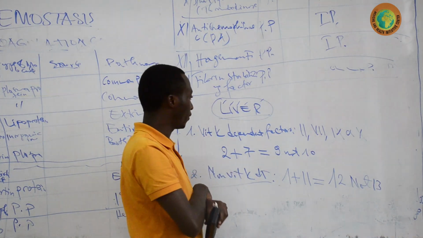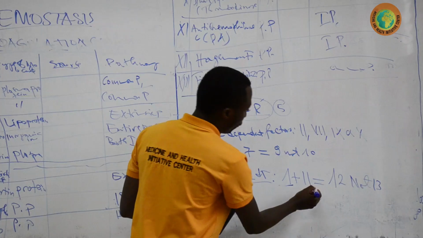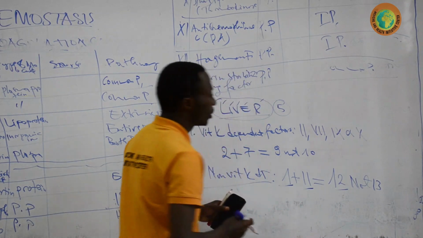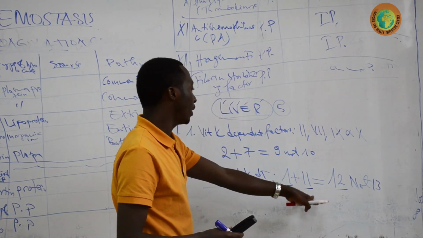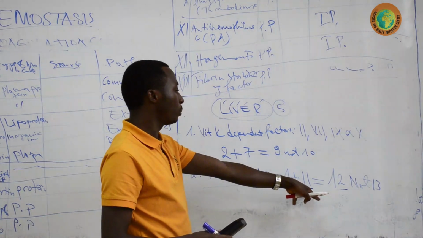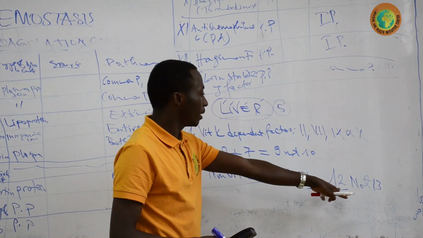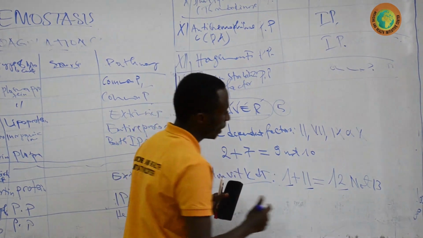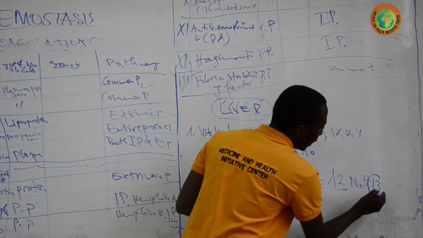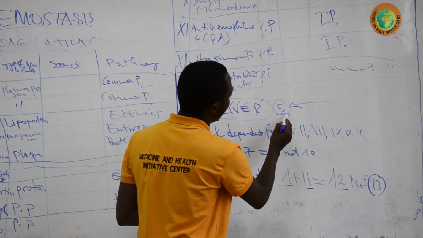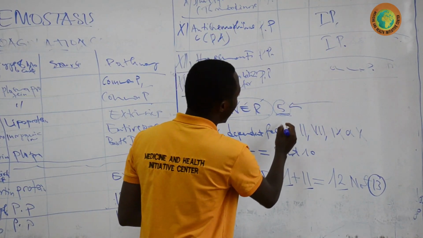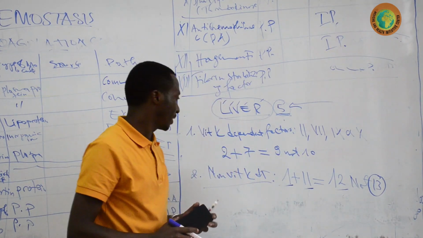So factor 5 is also produced by the liver and platelets.